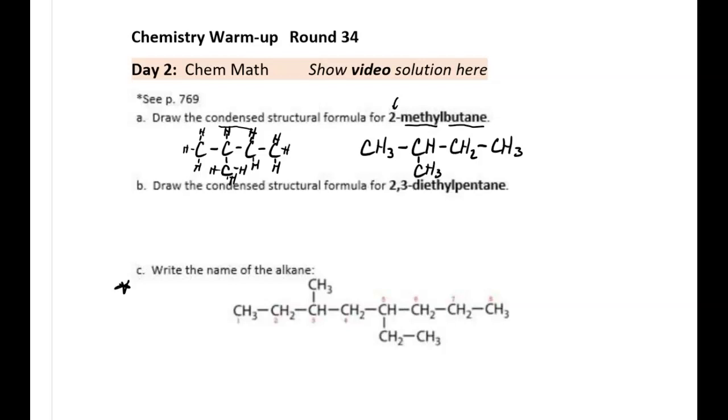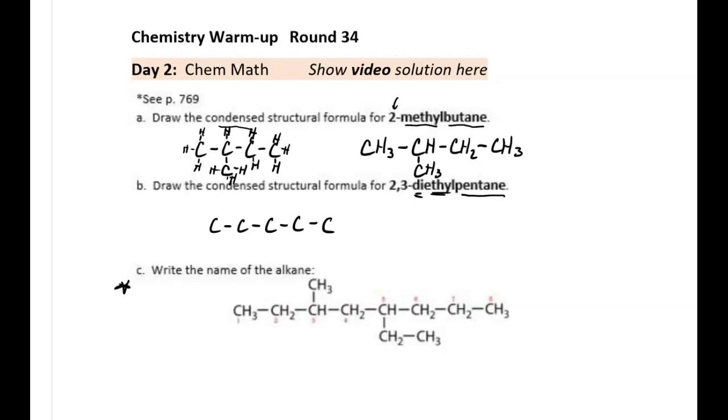Okay, question B, draw the condensed formula for 2,3-diethylpentane. The parent is pentane, 5 carbons. There are 2 branches. I know there's 2 branches because of the prefix di.